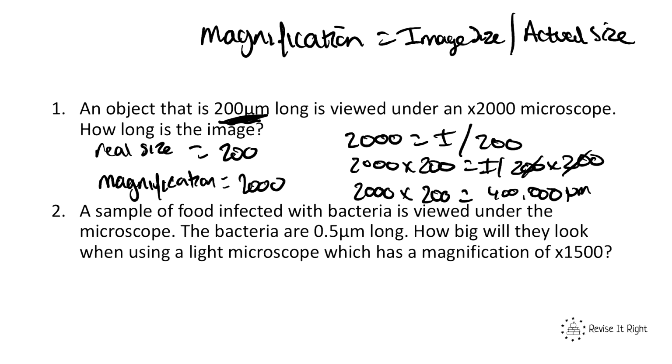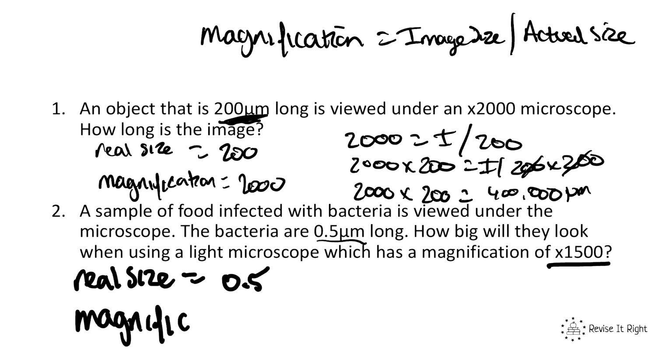So question 2, a sample of food infected with bacteria is viewed under the microscope. The bacteria are 0.5 micrometers long. How big will they look when using a magnification of ×1500? So the real size is 0.5 and the magnification is 1500.